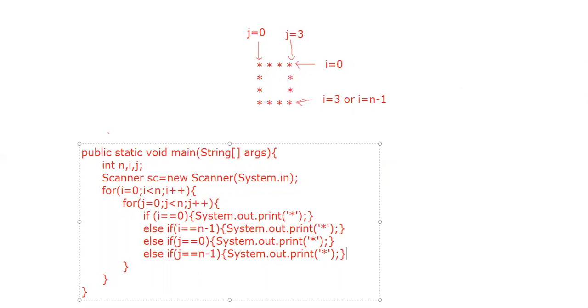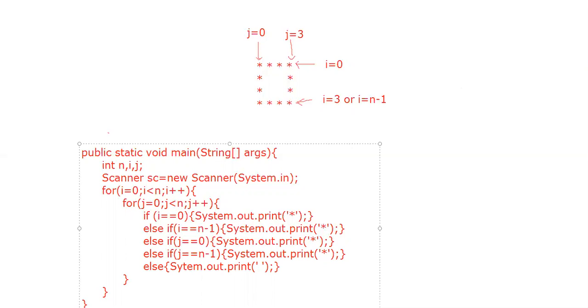What if the values of I and j are something other than 0 and n minus 1? In that case, we have to print a blank. So it will be System.out.print and a blank. Now, we have not changed any line. When to change the line?